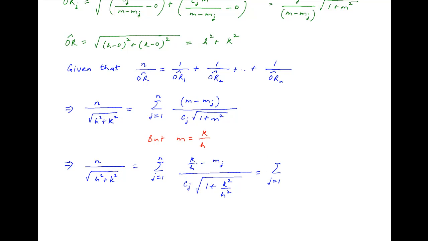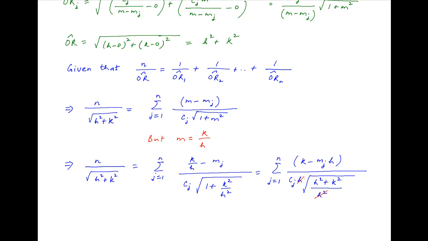And this is equal to the summation j going from 1 to n of k minus mj times h upon cj times h times square root of h square plus k square upon h square.